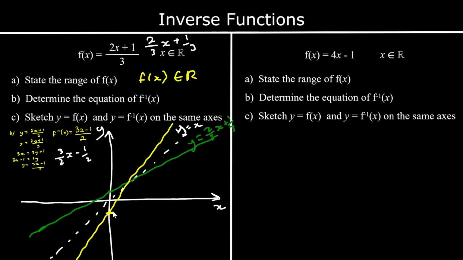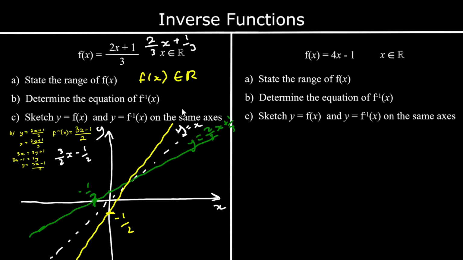So this one crosses the y-axis at minus a half. And from that, we can figure out that the other one should cross the x-axis at minus a half, because it's a reflection.